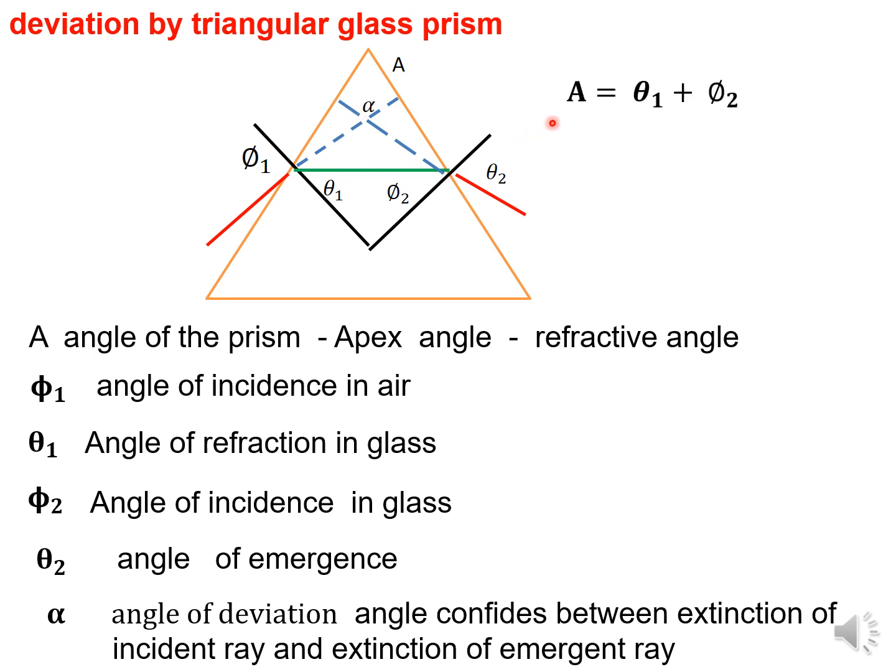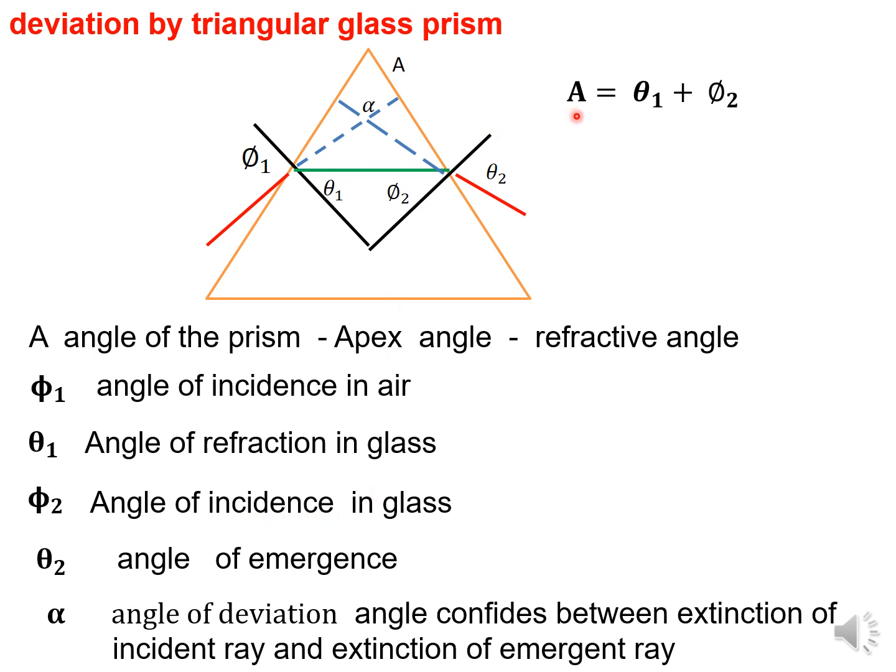Angle A, the apex angle, equals theta 1, which is the angle of refraction in glass, plus phi 2, which is the angle of incidence in glass.